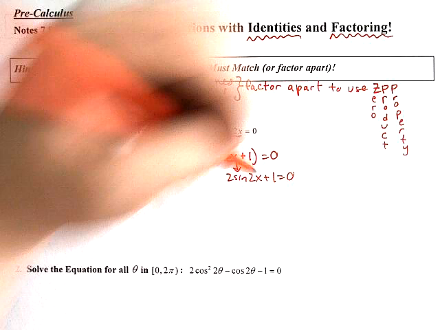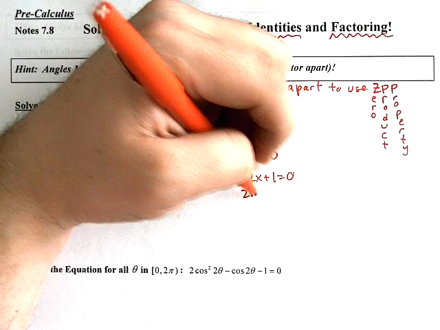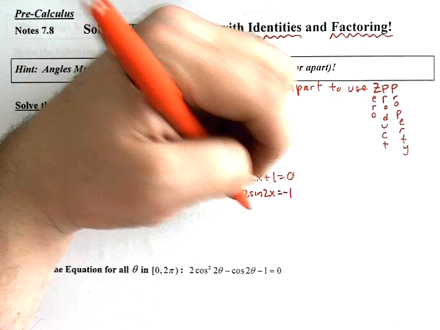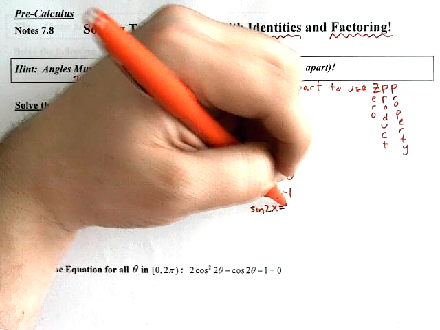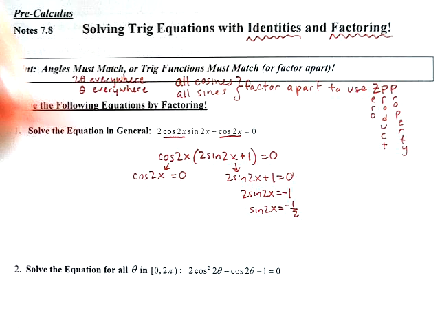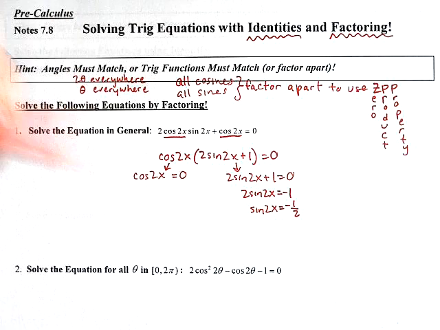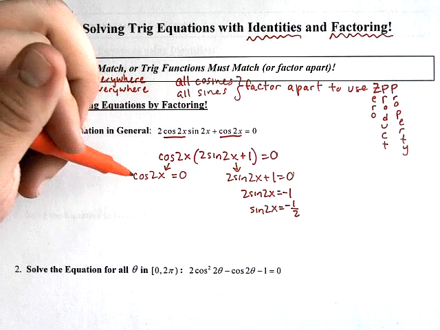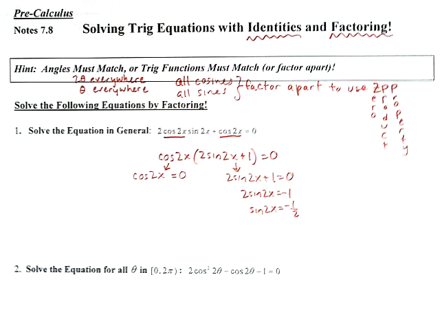If I keep going, 2 sine 2x equals -1, or sine 2x equals -1/2. This is great because I can now use the same tricks I've been doing for the rest of this chapter. I can use my unit circle here.